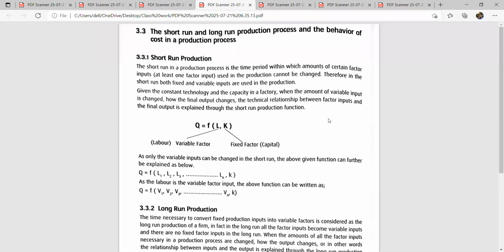First of all, we do concern short run production. In the short run production, variable factors are increased, like labor. So labor is increased while capital, the fixed factor, is held constant. I told you a particular example.